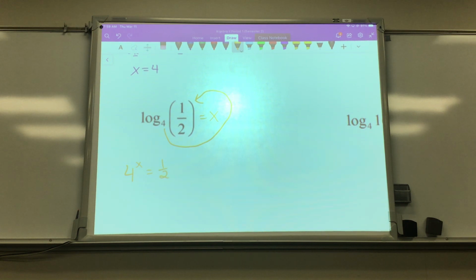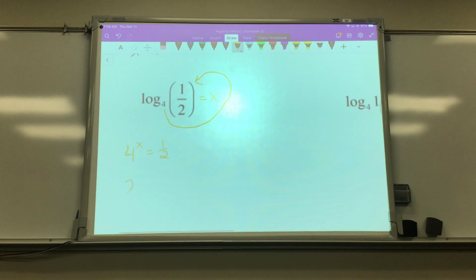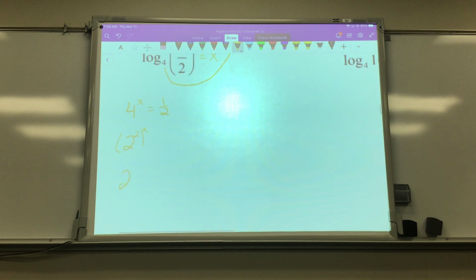I'm seeing 2 there, and I can write 4 with a base of 2, can't I? Notice, 2 squared to the x, that's going to be just 2 to the 2x. And when I got 1/2, that's 2 to the negative first, correct? So now that I have the bases the same, setting those exponents equal to each other. Solving for x.